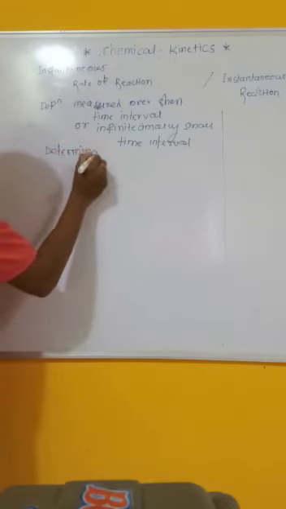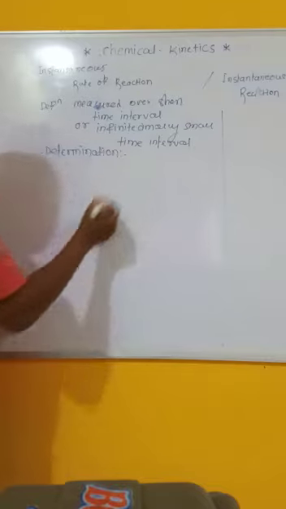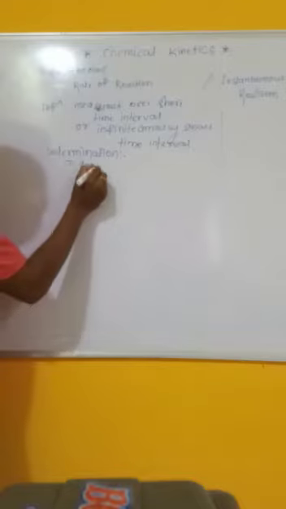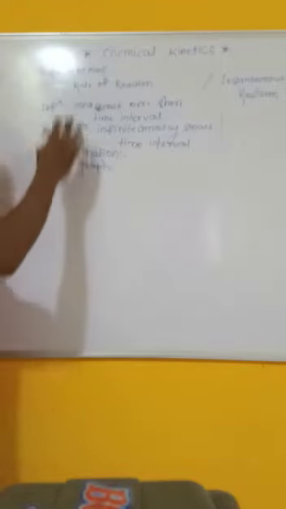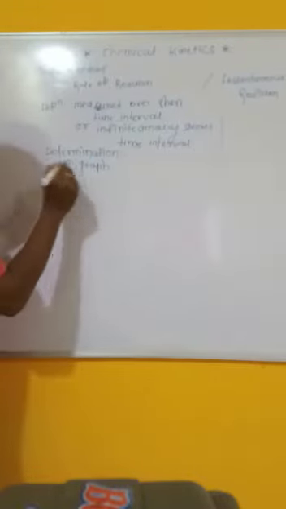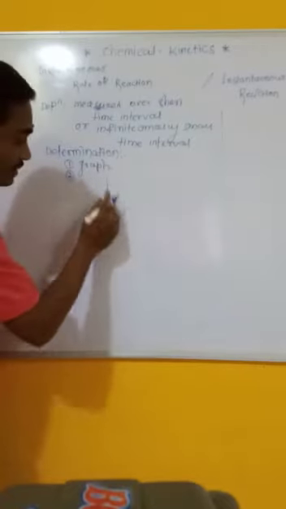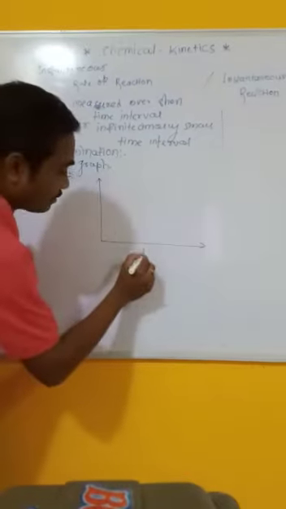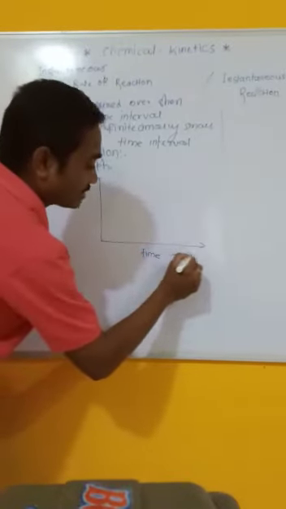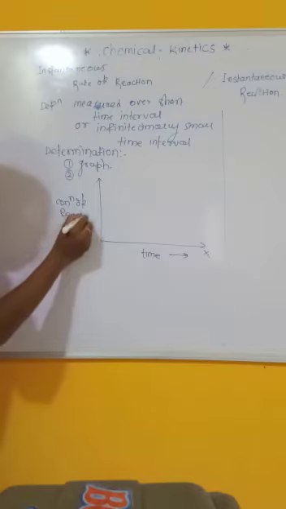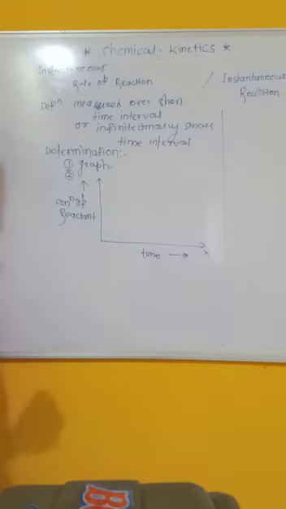After that, how can we calculate the instantaneous rate of reaction? It can also be calculated by using a graph. Similarly, time is plotted along the x-axis and concentration of reactant is plotted along the y-axis.